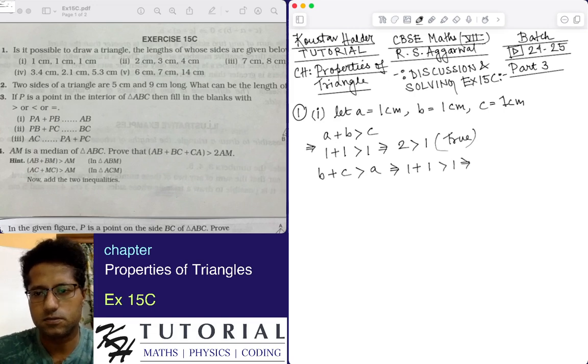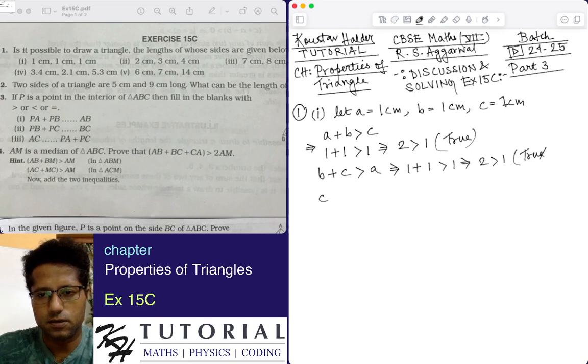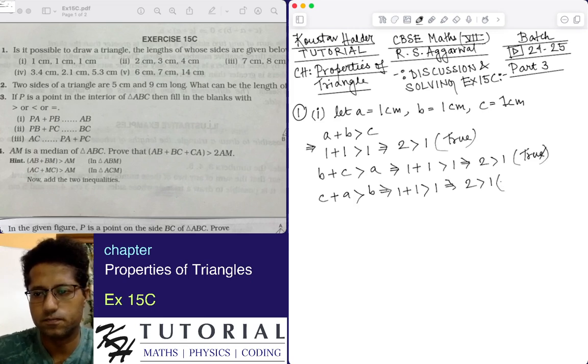This implies 2 greater than 1, which is true. And finally we have to check C plus A greater than B. This implies 1 plus 1 greater than 1. This implies 2 greater than 1. So this is also true.